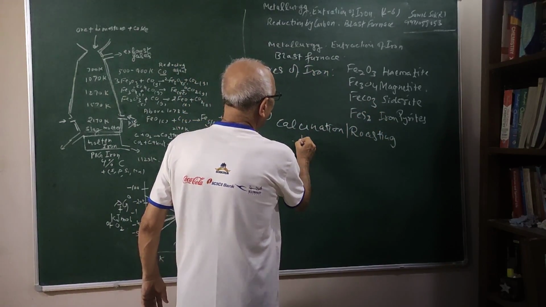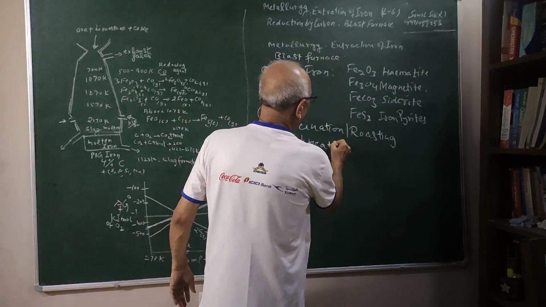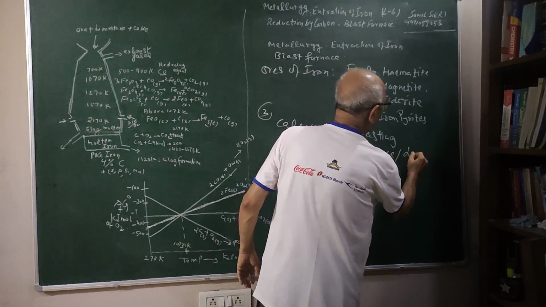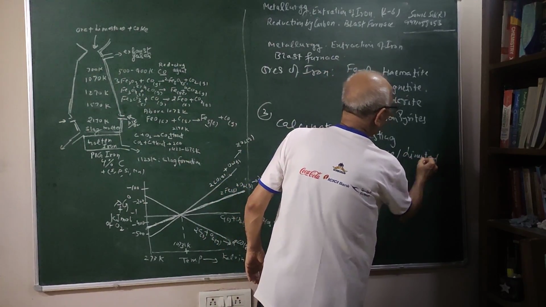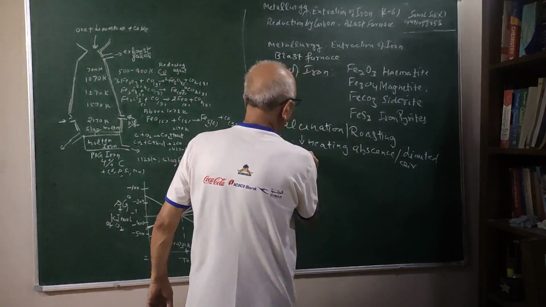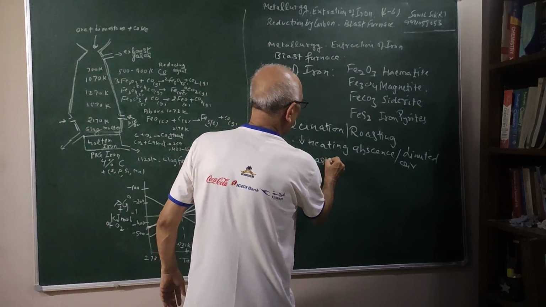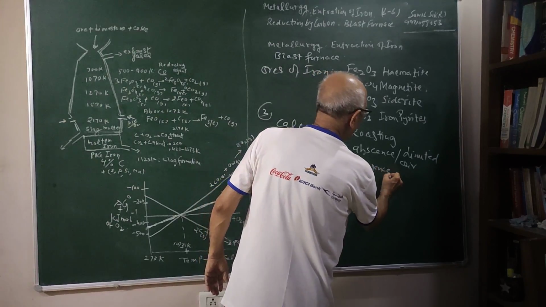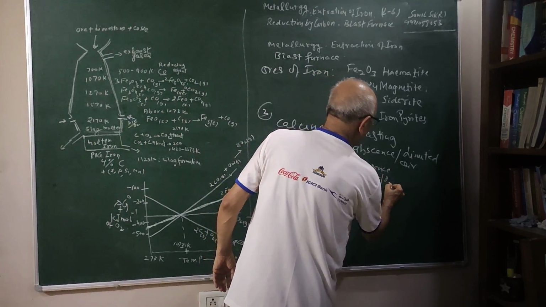Two things. The carbonate ores can be calcined. Calcination means heating in absence or limited supply of air or oxygen, and roasting means you will heat the ore in the presence of air or oxygen. So what is the result of this?